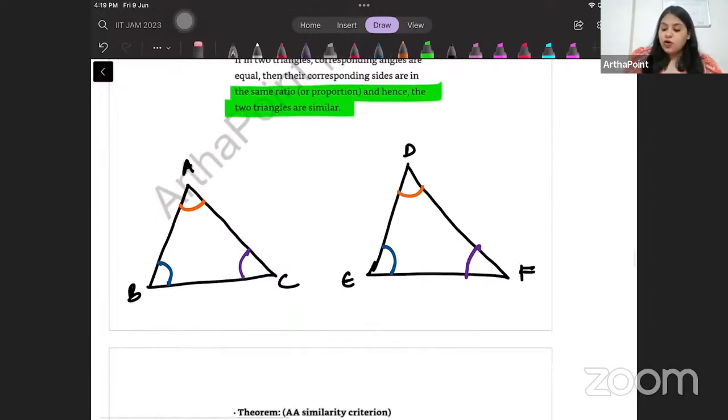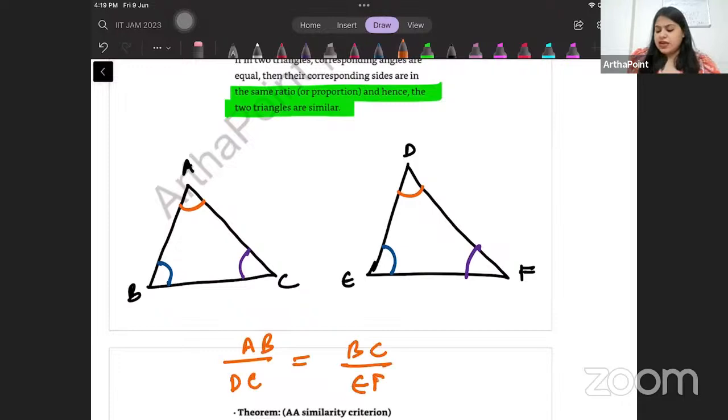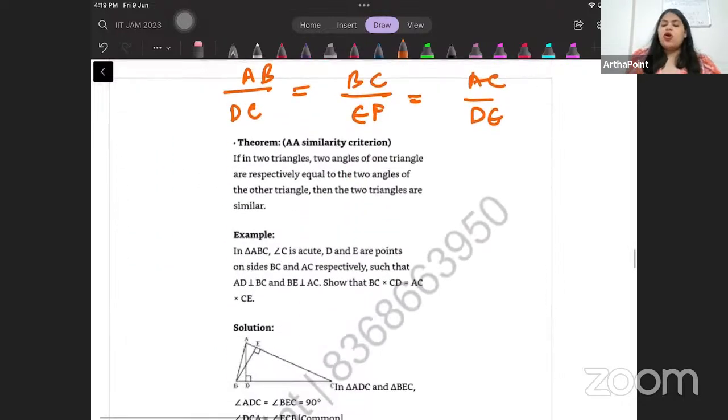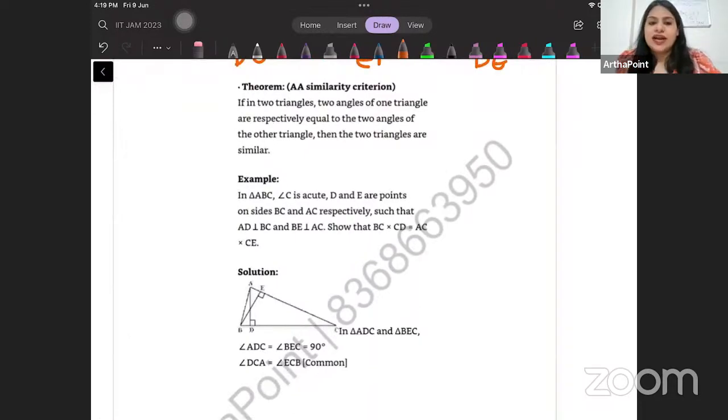So the ratio of AB by DE will be equal to BC by EF will be equal to AC by DF. This is called the AAA criteria, right?